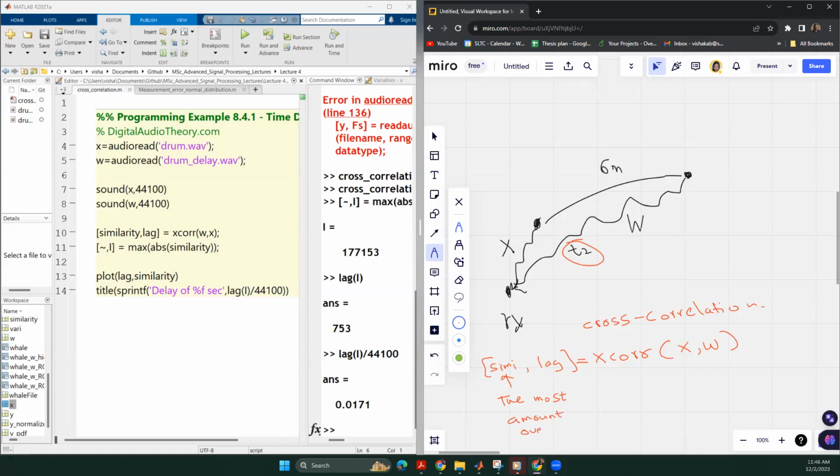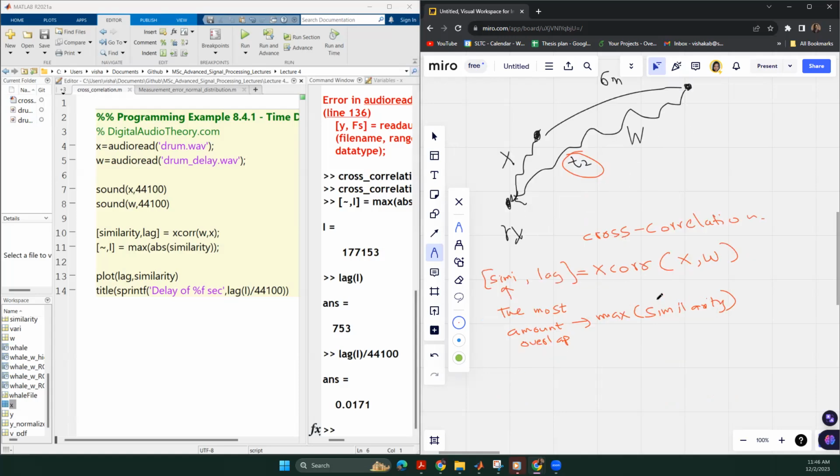The most amount of overlap happens when the similarity index is maximum, right? When the similarity index is maximum, the most amount of overlap is happening. That means that the signals are almost the same when the similarity is the maximum. So the maximum similarity that we can get will be either +1 or -1, right?